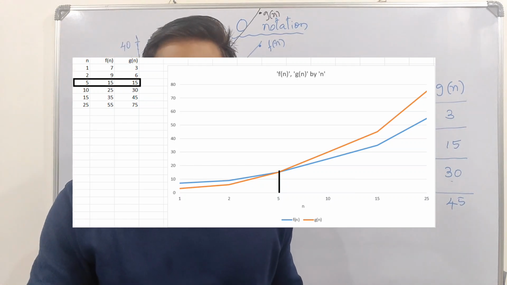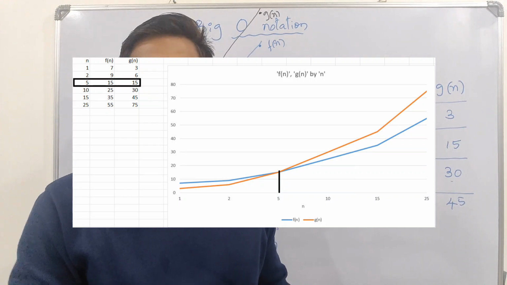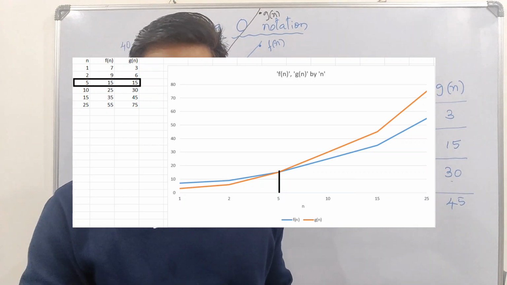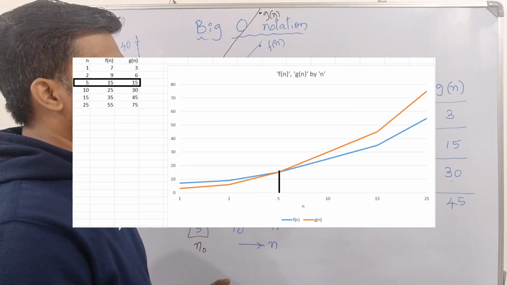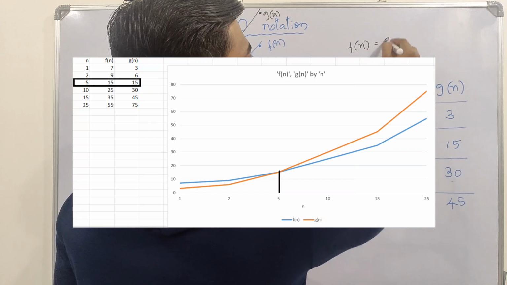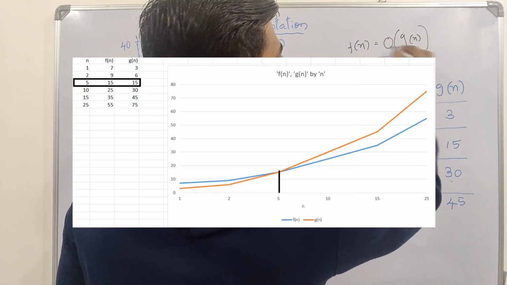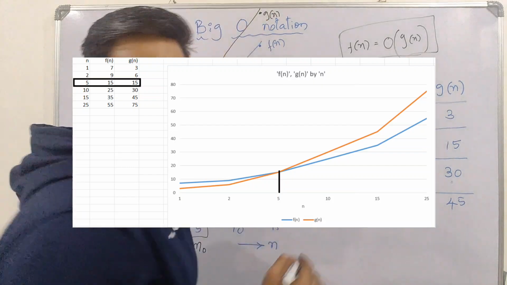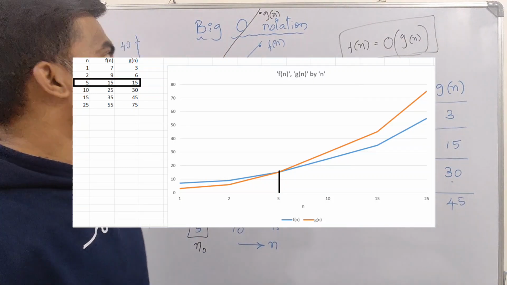Instead, we try to analyze the growth function, or the order, or the big O notation of a function. So asymptotically, we can say f of n is equal to big O of g of n in this case.